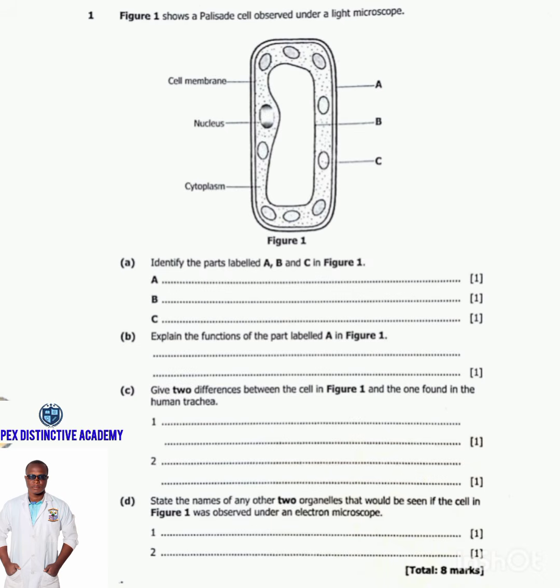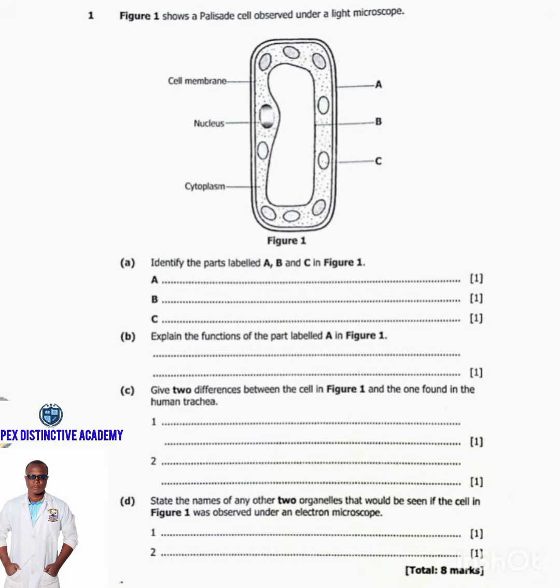So now, how would you write this one? You write it like this. You say, one, the cell in figure 1 has a cell wall, while the cell in human trachea has no cell wall. Two, the cell in figure 1 has a vacuole, while the cell in human trachea has no vacuole.